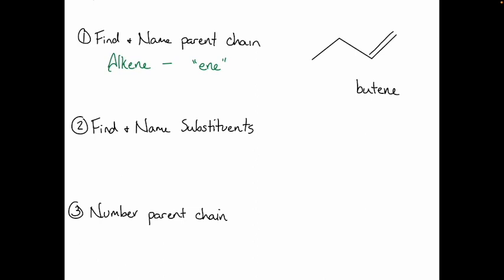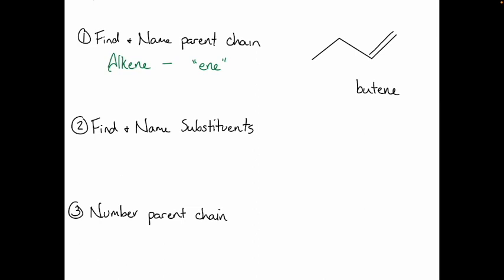This is our first real functional group that we're introducing here, and because of that, we have to indicate the location of this functional group in our molecule. So that double bond is going to get a number in this molecule.